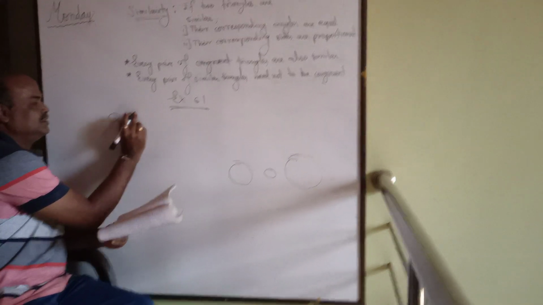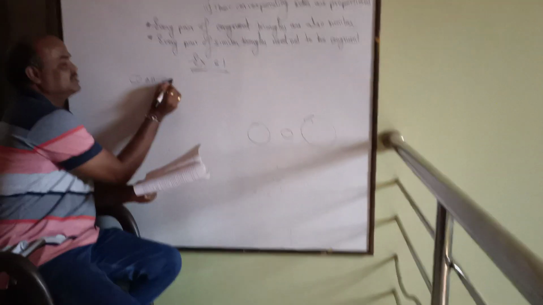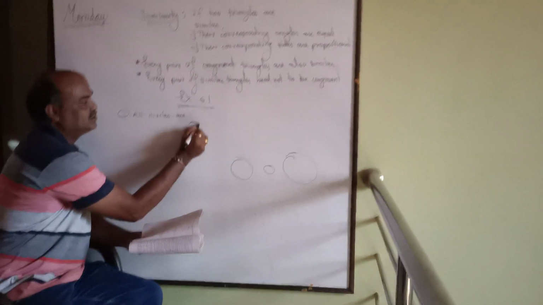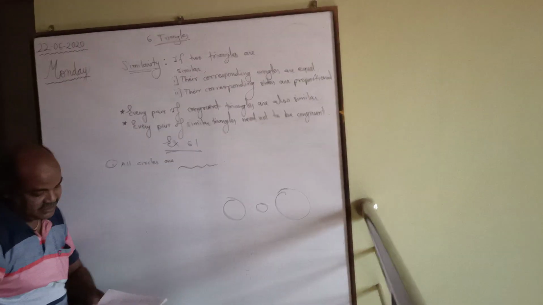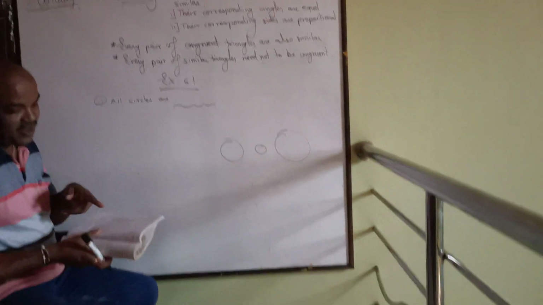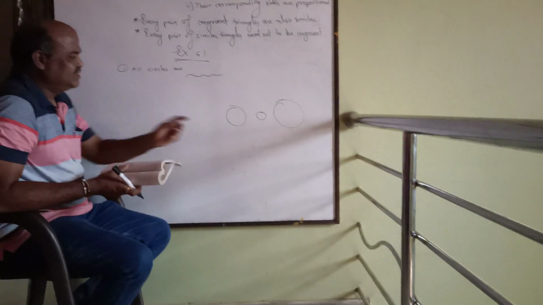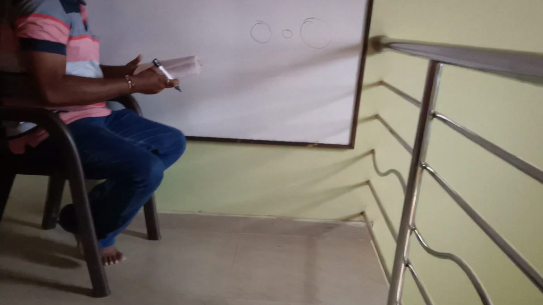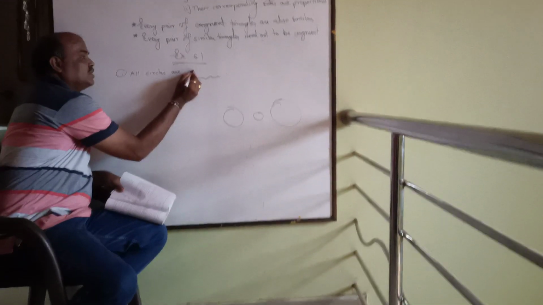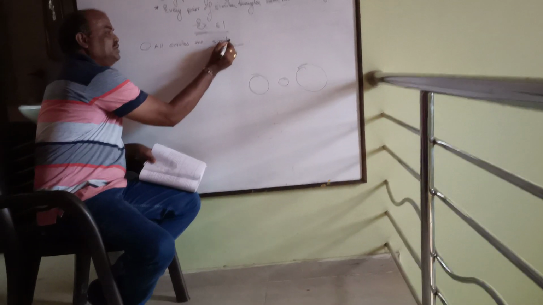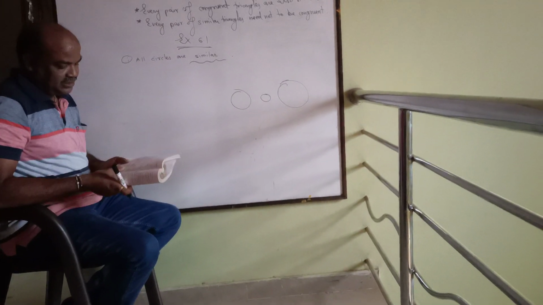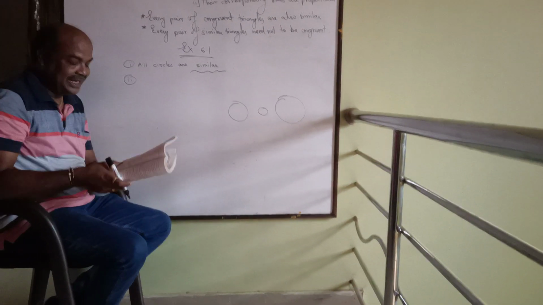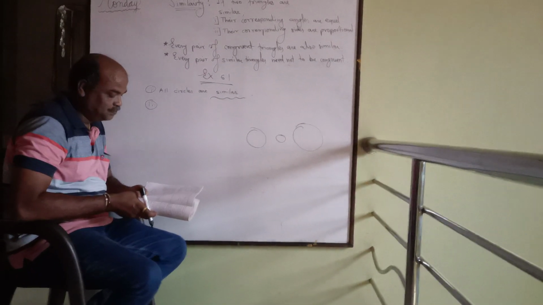So all circles, I am writing here actually, all circles are congruent or similar. 2 options are there. You can see here clearly that these 2 circles are not congruent, but they are similar. So the correct option will be similar. Very easy. Second one also. All the fill in the blanks are very easy. You will come to know.